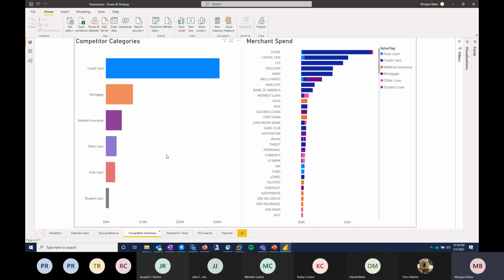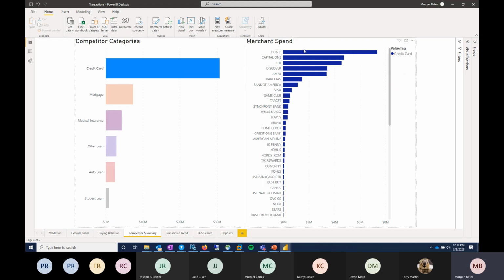It's not now. And so for this credit union, they're losing $30 million a month, month in and month out, in payments to their credit card competitors. And if you look at that, they didn't know that they were losing $7.3 million to Chase every single month. I mean, they knew it was kind of a big number. Chase is a major competitor of theirs, but they didn't know what the number was or how big it was. So from this, they can now start to have good conversations around, well, what is Chase offering our membership?